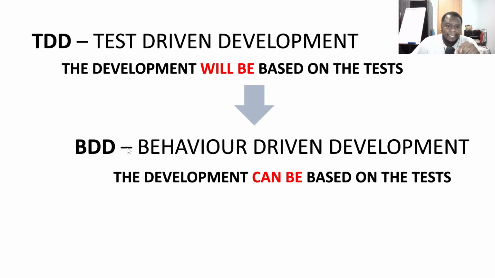And the difference is that BDD, behavior driven development, is an evolution where the development can't be based only on the tests. With TDD, you start working through the tests. For example, you make the JUnit tests. If you work with Java, you work with the unit test first, before the development team starts working.